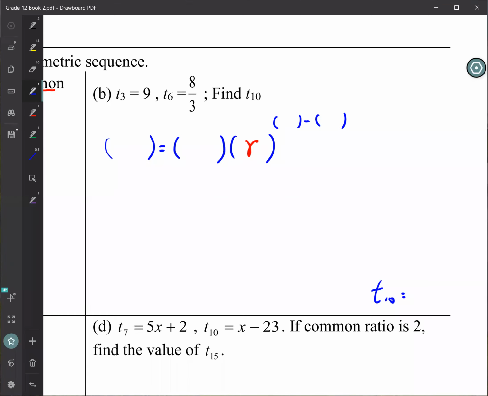Okay, Cindy, what do you have for T10? Fraction or decimal? Fraction. 128/243. Okay, thank you.